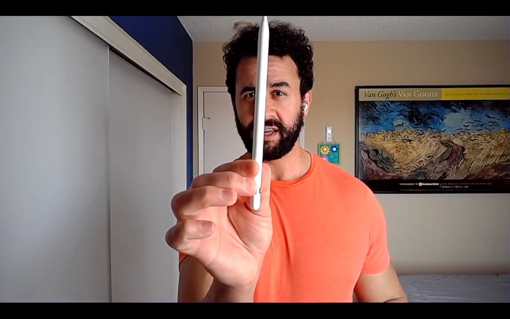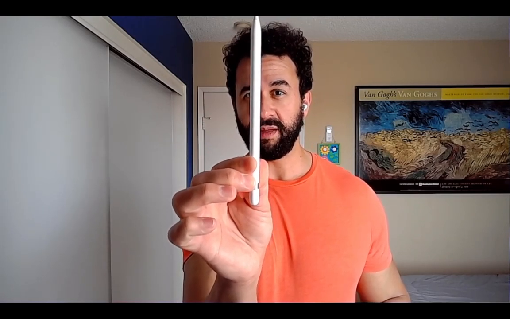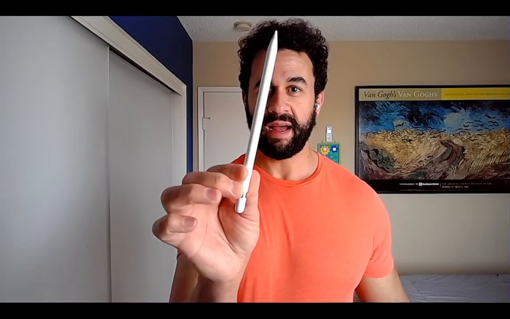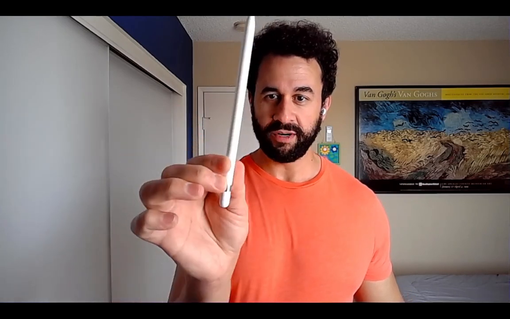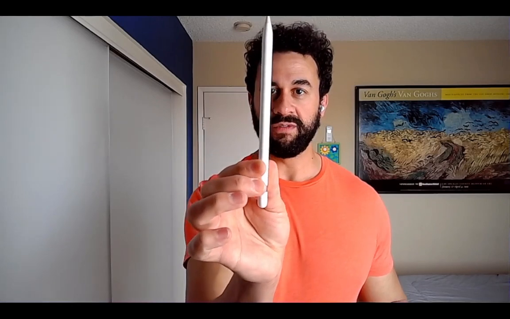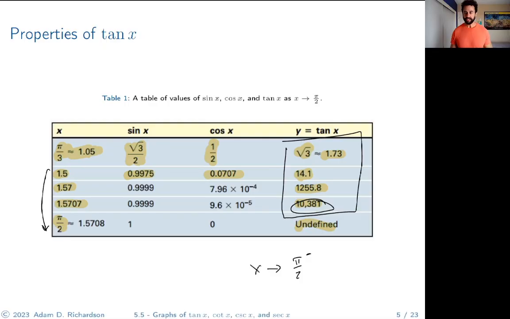Now the slope is like 20 million, now it's 20 billion, and now it's like 20 quadrillion, right? And so what happens is as the line tips upward, as the angle approaches pi over 2, the value of the tangent function, the value of this slope, blows up to positive infinity. That's the idea.